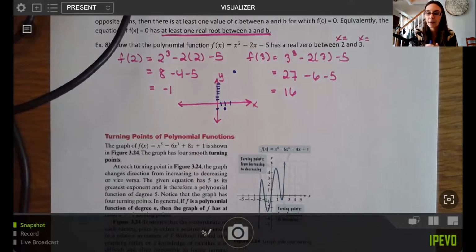A lot of times our answers end up being irrational, some sort of non-terminating, non-repeating decimal. But like I said, they can be difficult to find because they're not usually factorable. But that theorem lets us know that we do have a solution somewhere in there. So we can use a graph or a technology tool to help us find that solution.